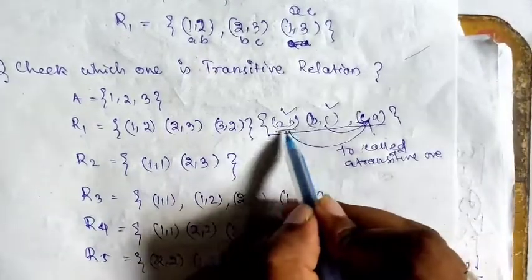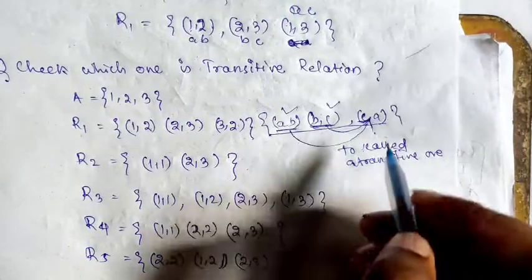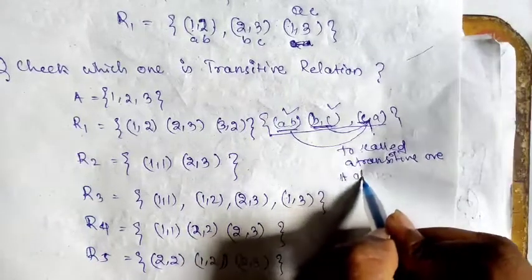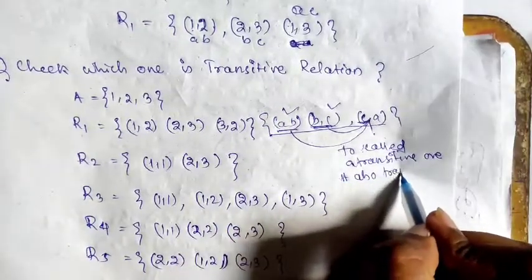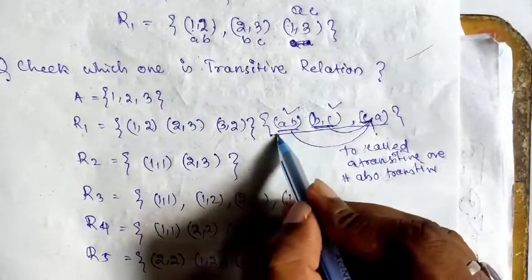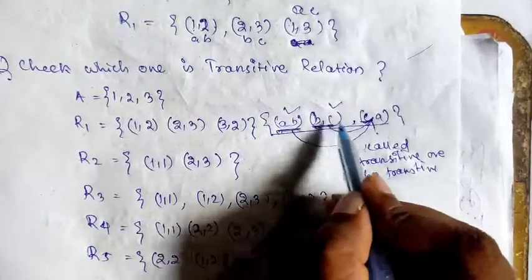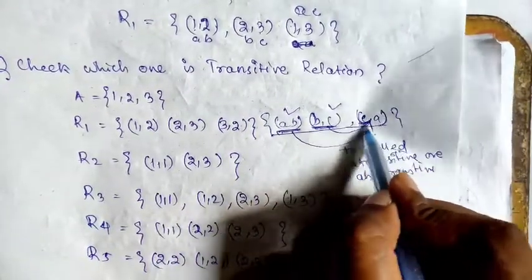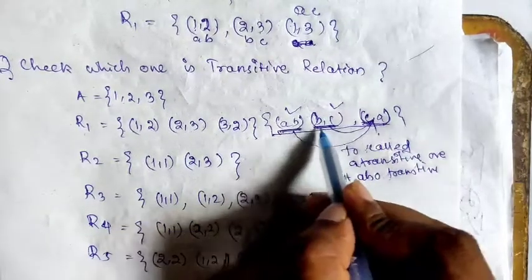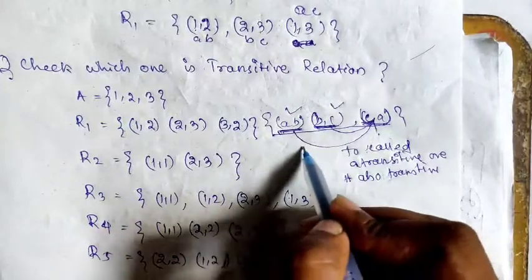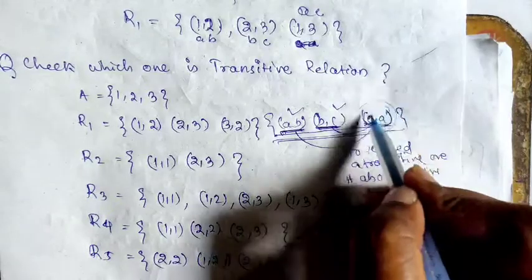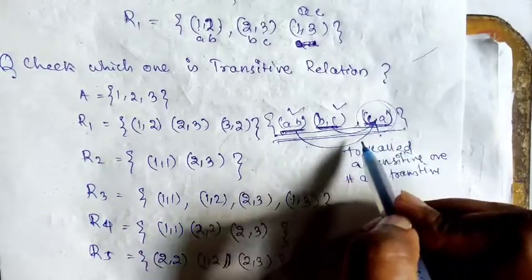If these two order pairs are missing, then it is also transitive. If these two order pairs are missing, we do not consider the third, and it ultimately becomes a transitive relation.